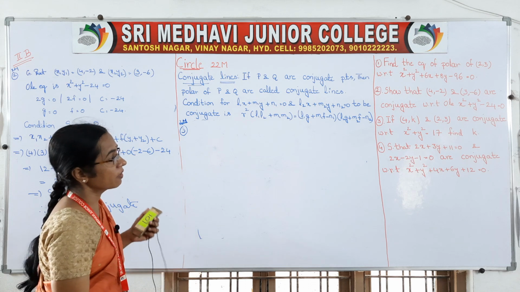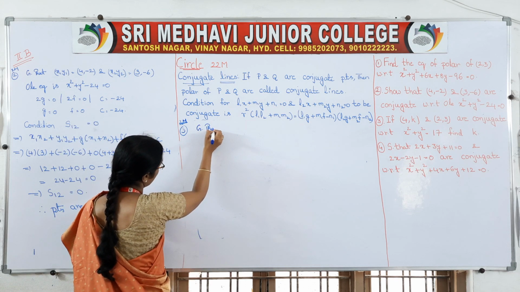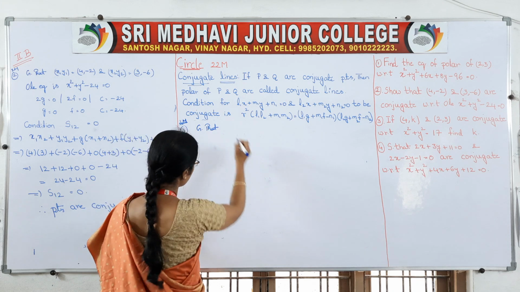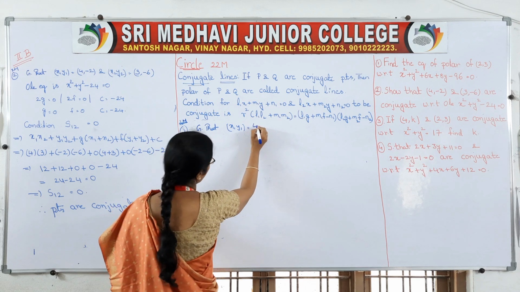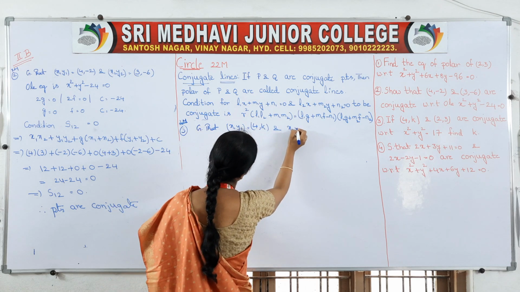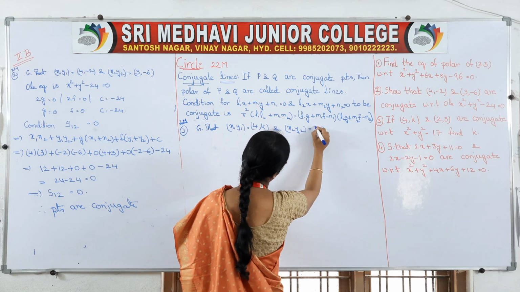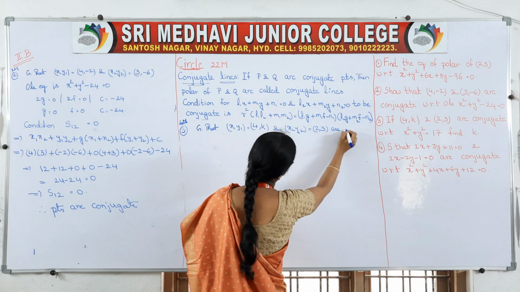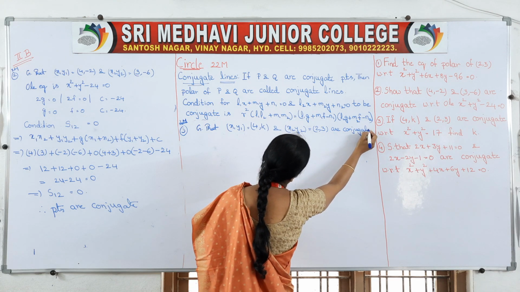So, what is the given information? Given that the points x1, y1 is 4, k and x2, y2 is 2, 3 are conjugate. They only mentioned that.